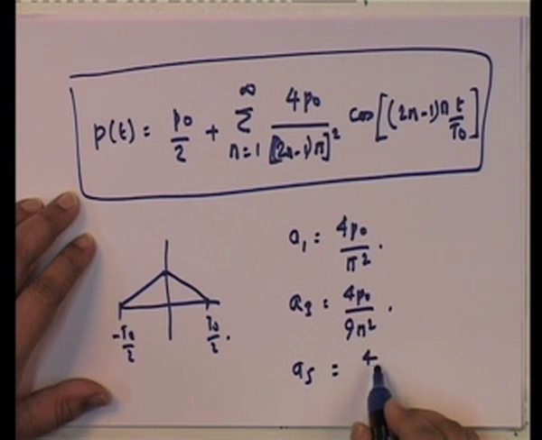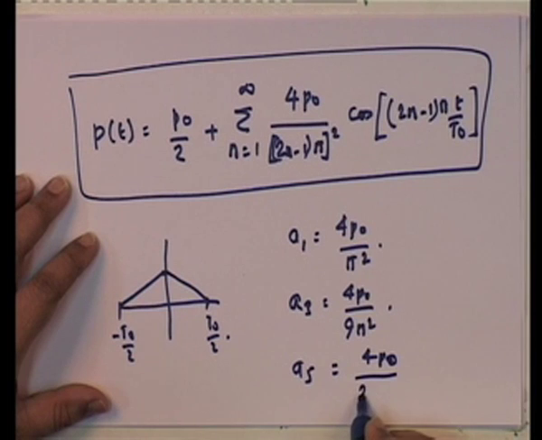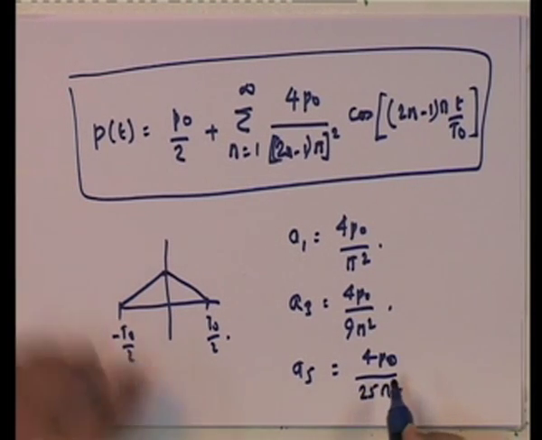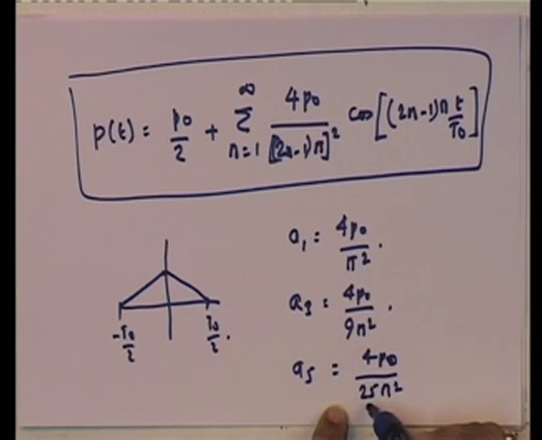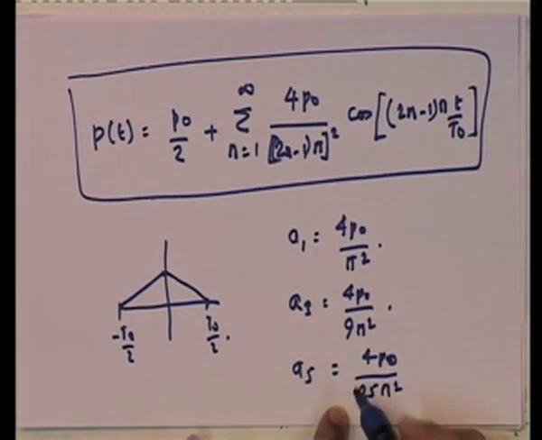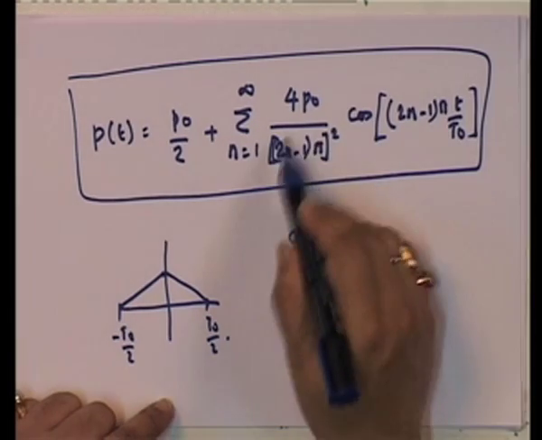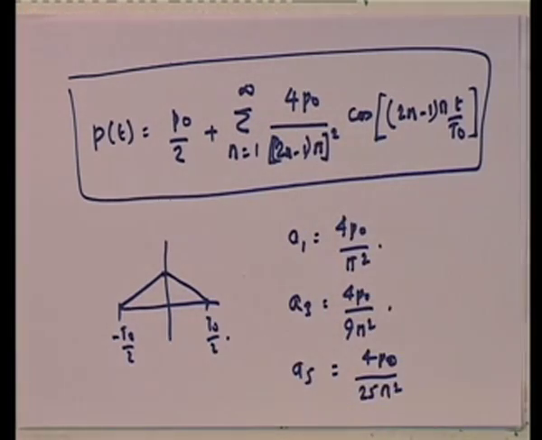A5, if you do it, you will see that this is equal to 4 p 0 upon 25 pi squared. Note the values. If this is 1, this is 1 upon 9, 1 upon 25. What is it going down as? 1 upon n squared, right? It's going on as 1 upon n squared.